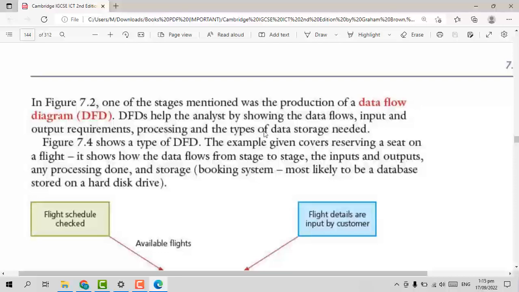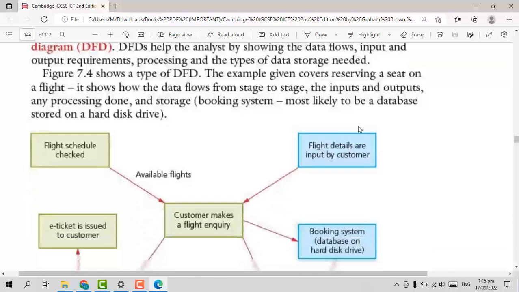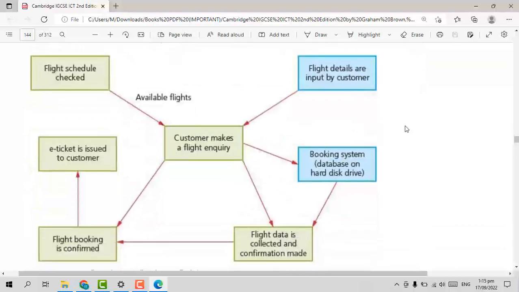Now here I have a data flow diagram that shows what happens if you are trying to book or reserve a flight ticket, and you don't want to go to an office, you want to do that online. Now let's try to study this data flow diagram.